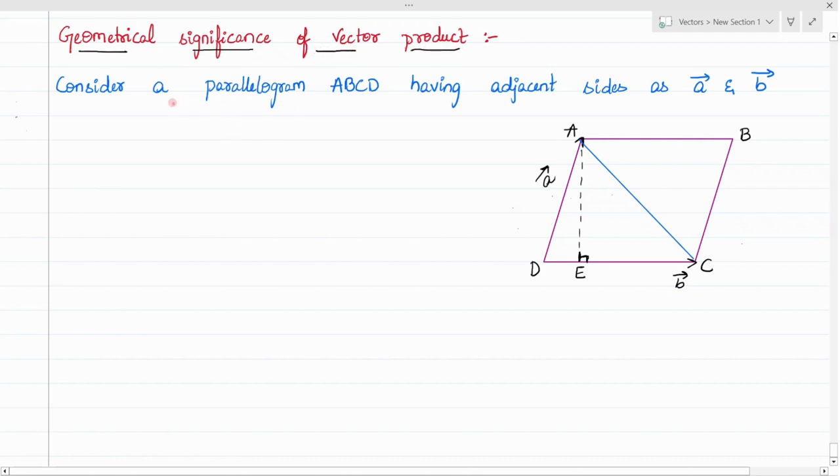Now, first, consider a parallelogram ABCD.